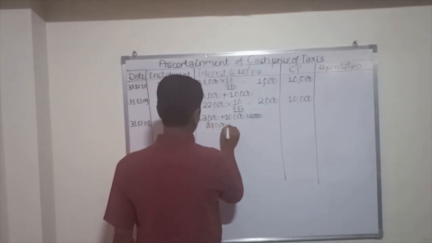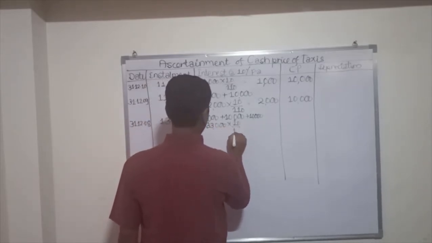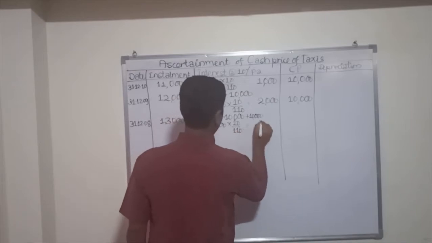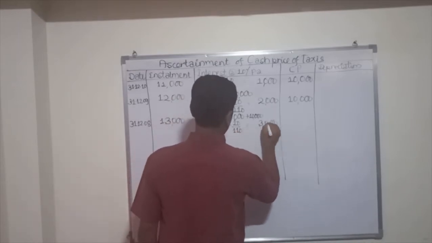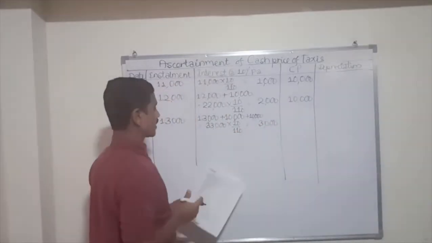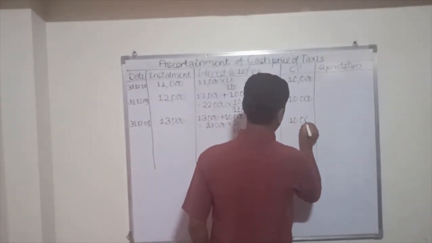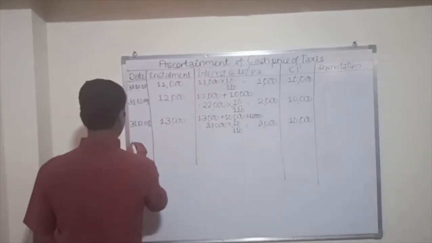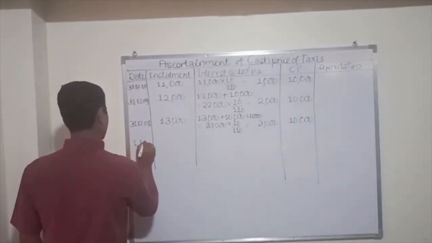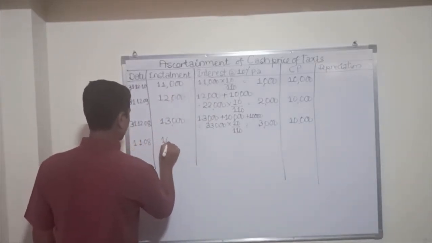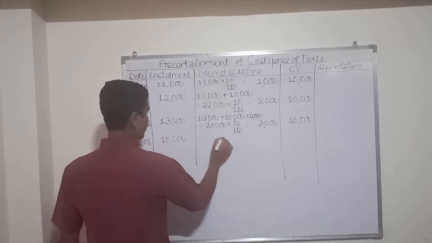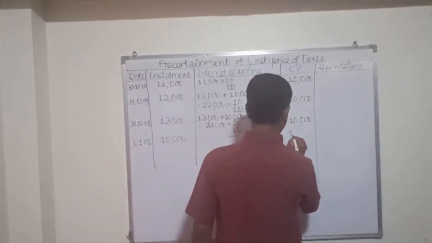So 33,000 into 10 divided by 110 comes to rupees 3,000. When you subtract this 3,000 from 13,000, you are going to get rupees 10,000 only here. Then the down payment is paid on 1/1/2008, so 10,000 here. No interest is payable, so 10,000.